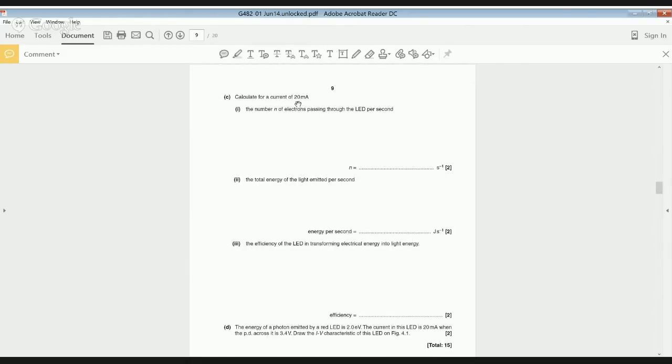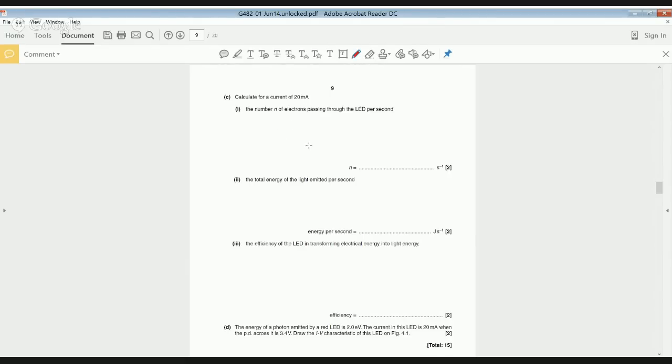So 20 milliamps just means 20 millicoulombs per second. So that's 20 times 10 to the minus 3 coulombs per second, and if we know how many coulombs an electron is, we can divide one by the other to work out the number of electrons per second.